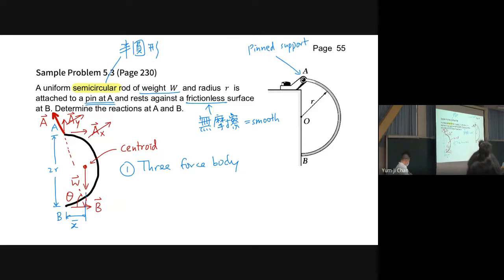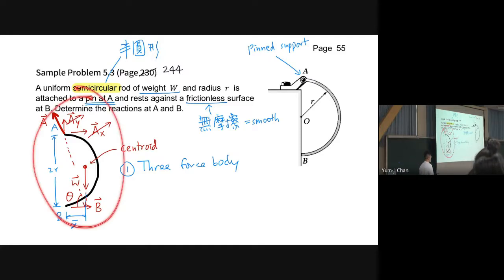In the textbook on page 244, they use three equations and then determine one by one. But I want to use this triangle method to do this.